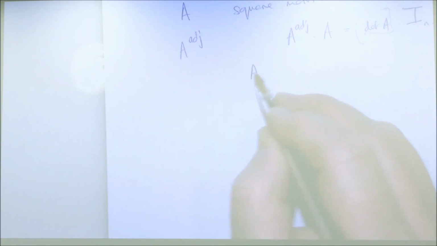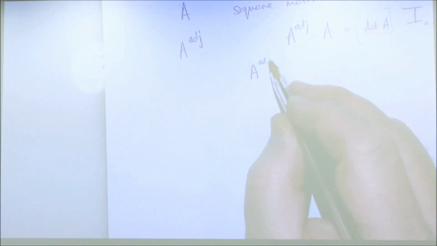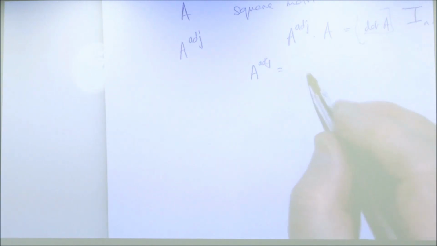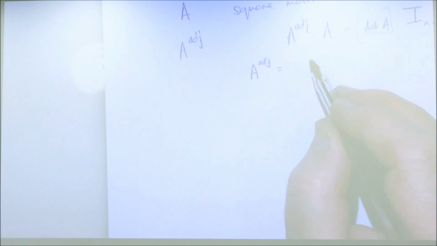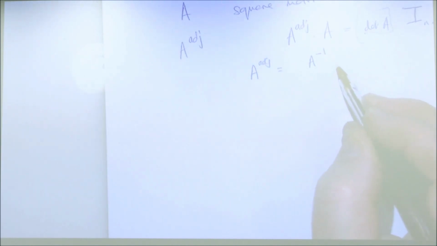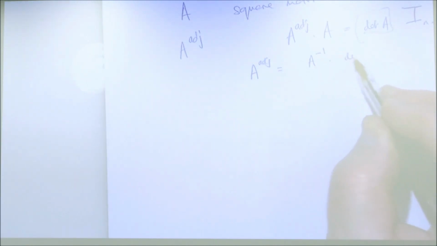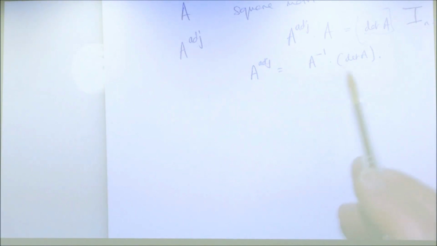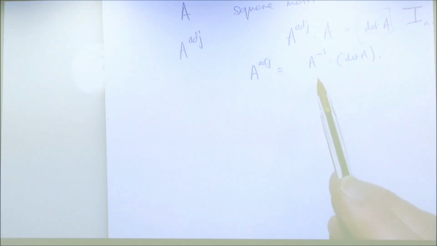So, A adj will be equal to the inverse of A times the determinant of A. So up to a multiplicative factor of the determinant of A, the fiddle factor, the adjugate matrix turns out to be the inverse.